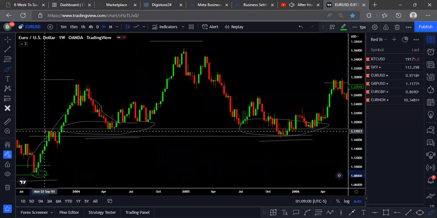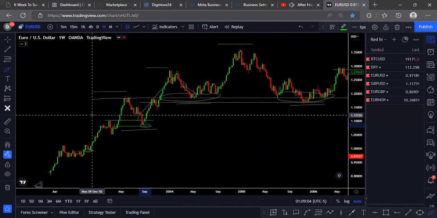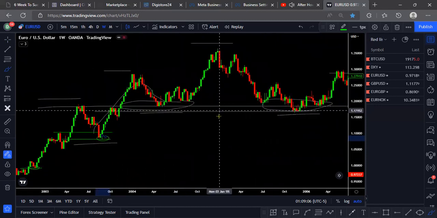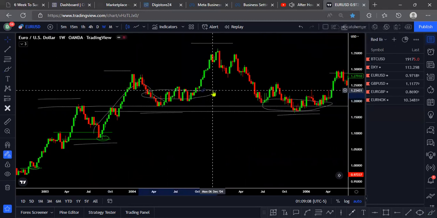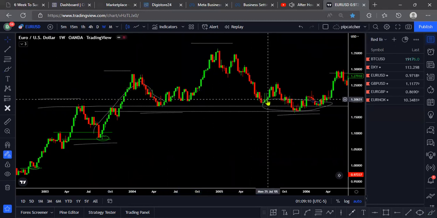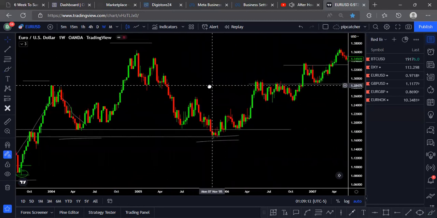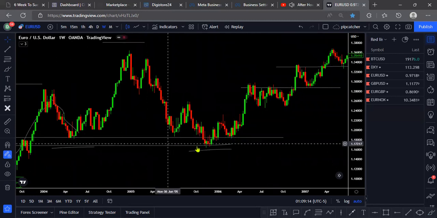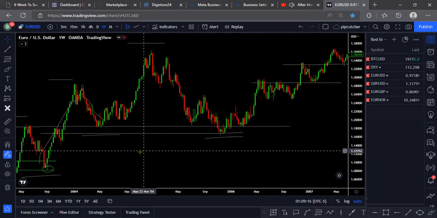Same thing, right? You see the 2 monthly areas that we had circled there, with these two lines, one was higher, one was lower, correct?